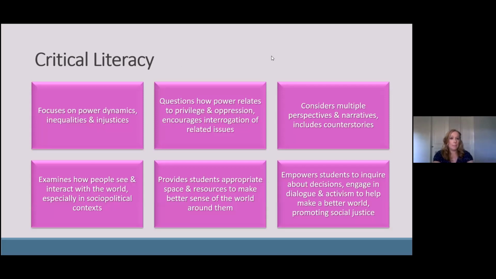So really thinking about critical literacy in general focuses on power dynamics, inequalities, and injustices. Questions how power relates to privilege and oppression, and encourages interrogation of related issues. So, for example, right now when we have people who are protesting critical race theory, how does this relate to privilege and oppression?